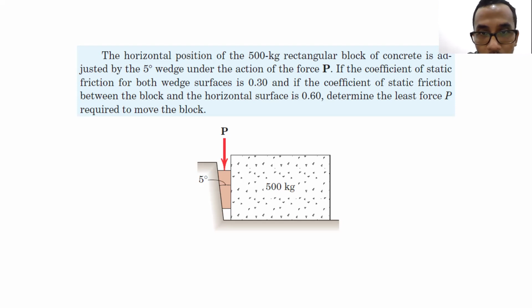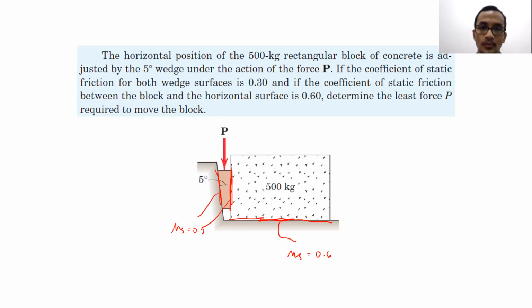Between the block and the horizontal surface, the static coefficient of friction is 0.6. And then between both wedge surfaces, this and this, both are 0.3. So it's slightly different.